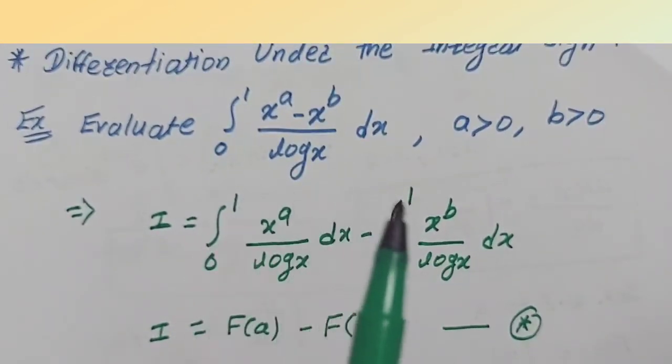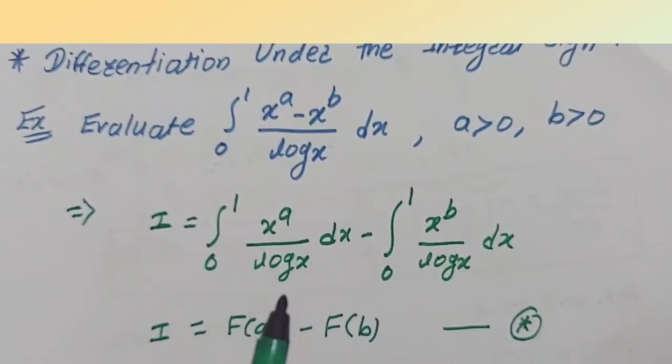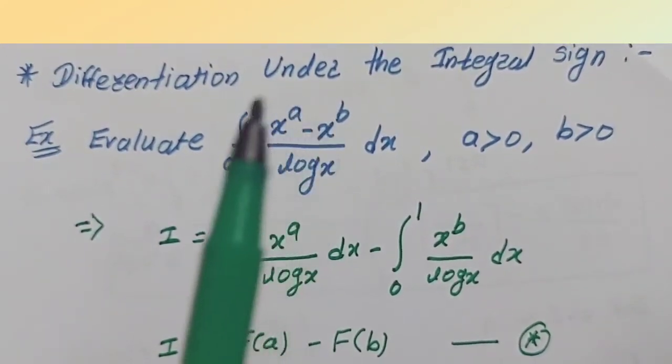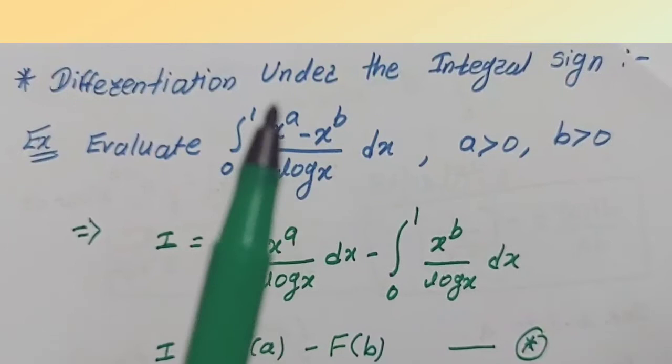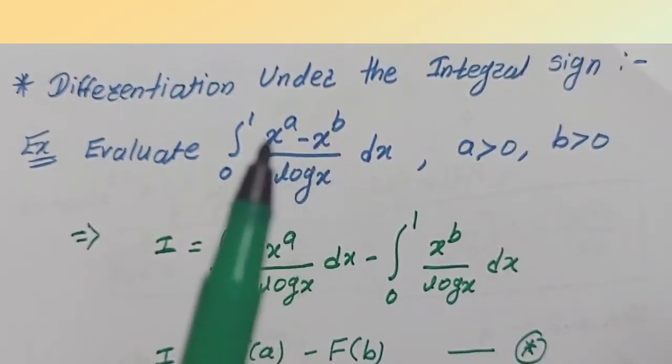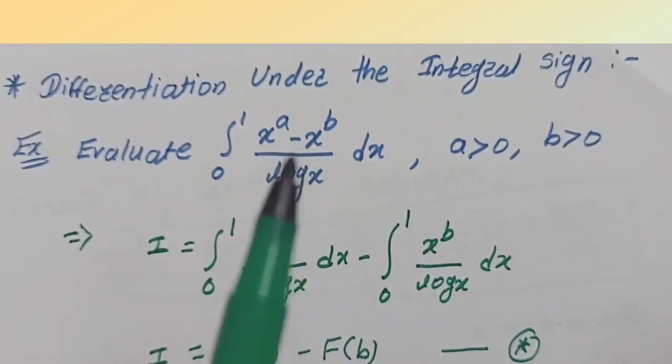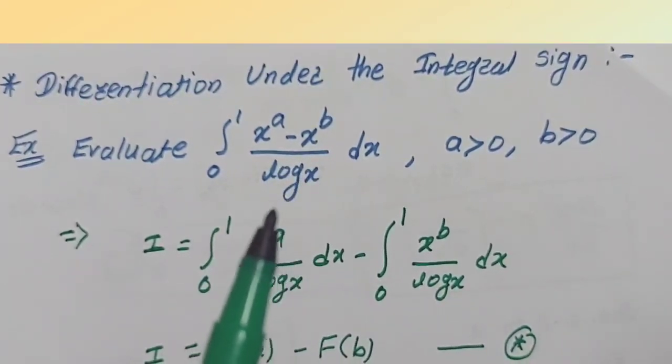So we have to find that value of integrating constant. How to find? Again, here this is the original integration. It is a function of a and b. So here we have to put the value of a and b such that we can solve this integral easily.